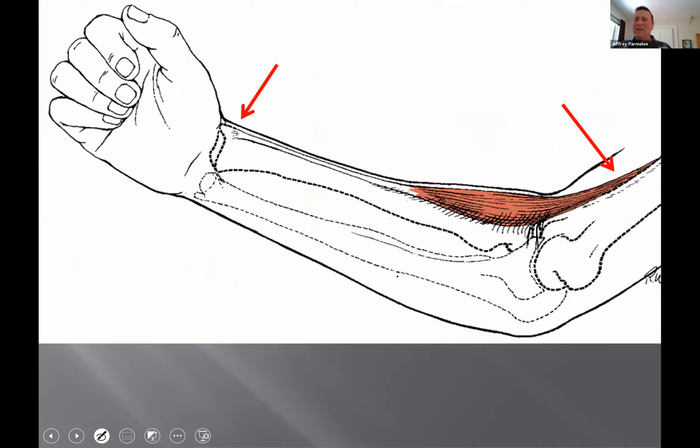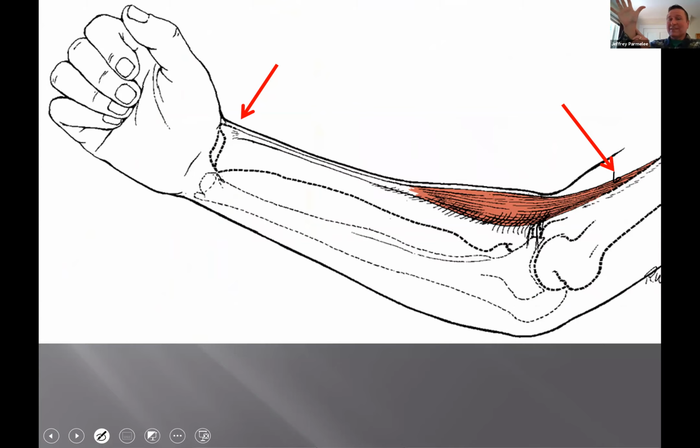All right, we got one more here. So we've talked about biceps and brachialis flexing your elbow. There's one more. This is the weakest one. I believe brachialis is your strongest pure one, and then biceps, and then brachioradialis is your weakest flexor of your elbow. It comes off your arm and goes onto your radius, so it doesn't cross your wrist. It stops here on your radius.